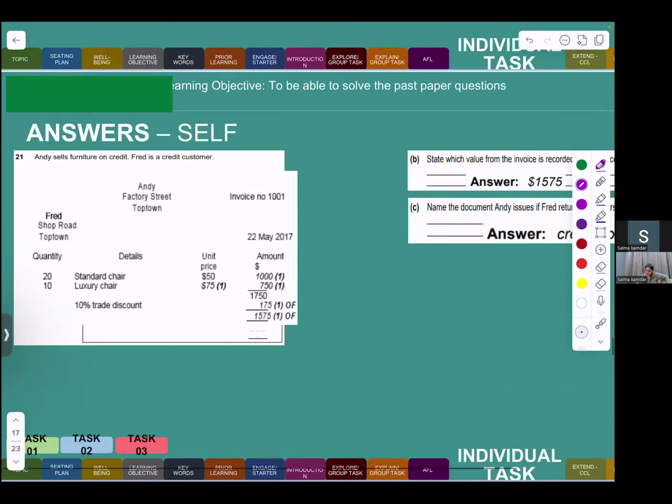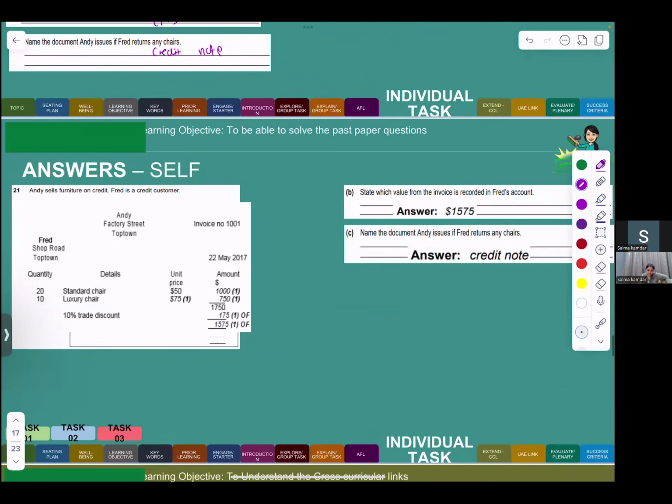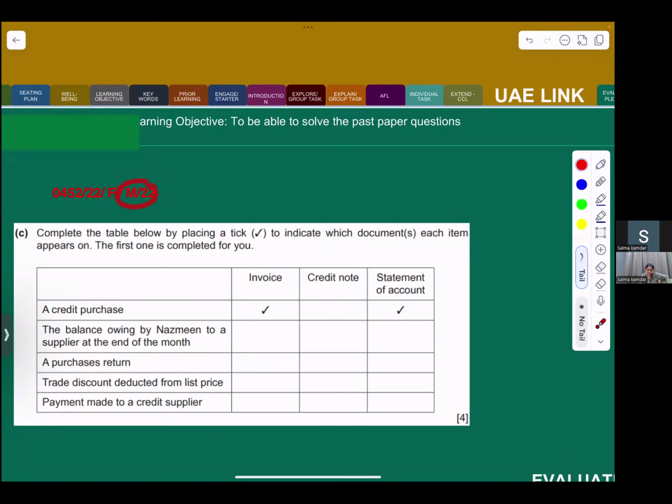Complete the table. So this question is coming March 2022, paper 22. Complete the table by placing a tick to indicate which documents each item appears on. So a credit purchase is an invoice and statement of accounts.